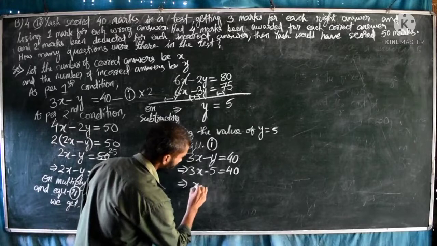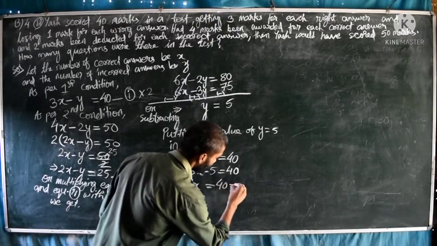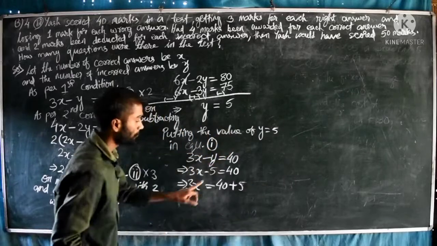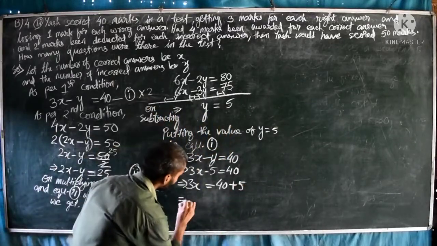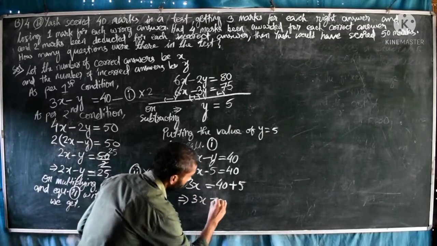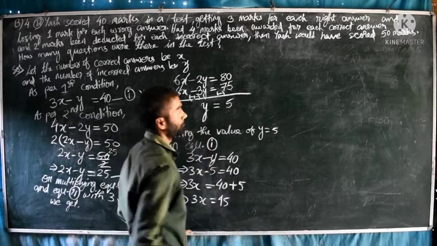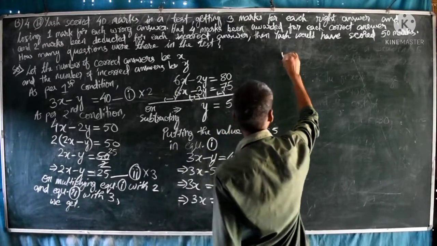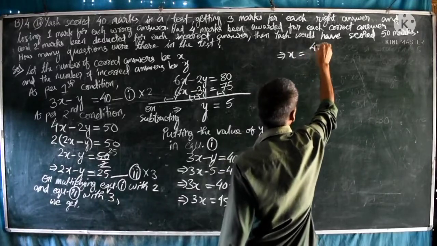Now 3x is equal to 40 plus 5. This 5 we are transferring to the other side, it will change to plus. Now 3x is equal to 40 plus 5, 45.